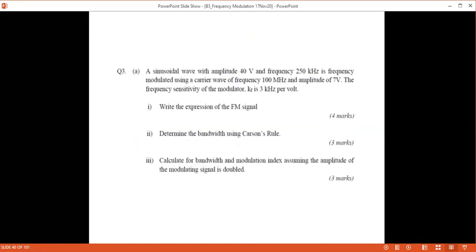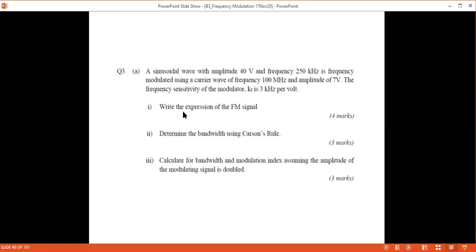So for this question, you are given a sine wave, amplitude 40, frequency 250 kilohertz. It's frequency modulated using a carrier wave of 100 megahertz and amplitude 7 volt. And you're given the frequency sensitivity of 3 kilohertz per volt. Write the expression of the FM signal.